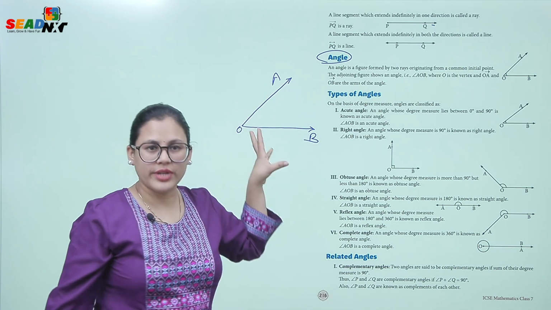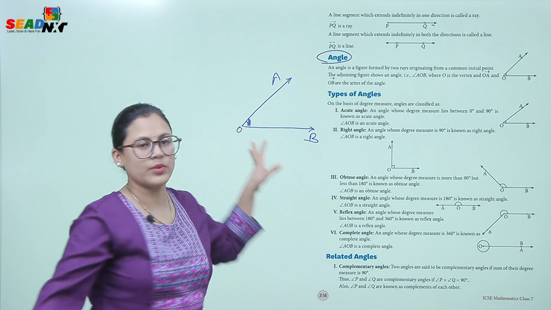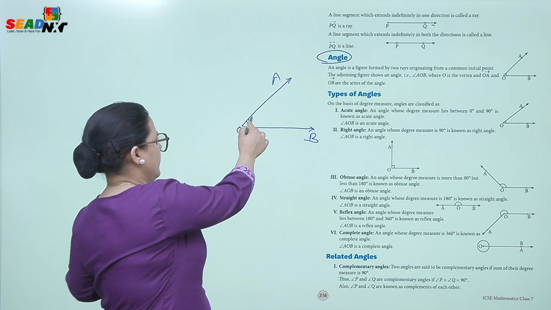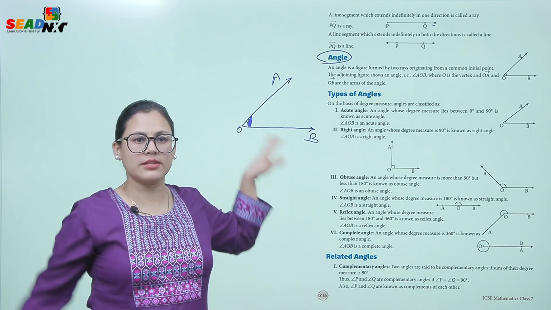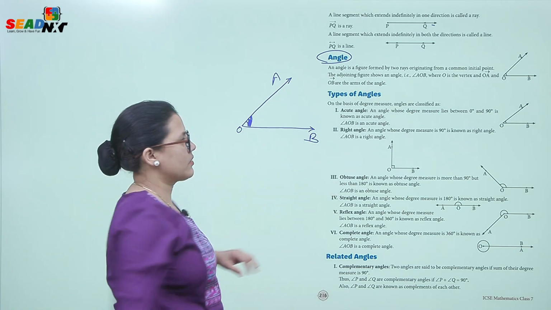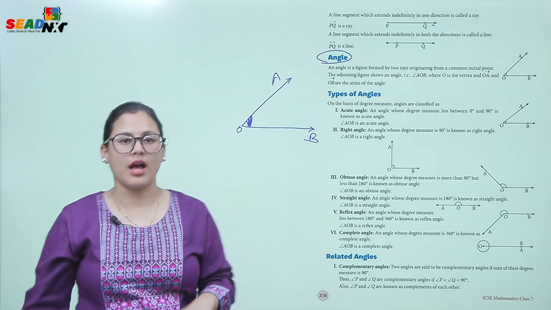So these two rays having same initial point which is O, this makes an angle. This is the angle, okay? So these two are the arms, okay, and O is the vertex and also it is an angle.